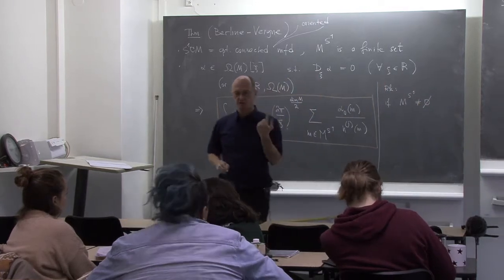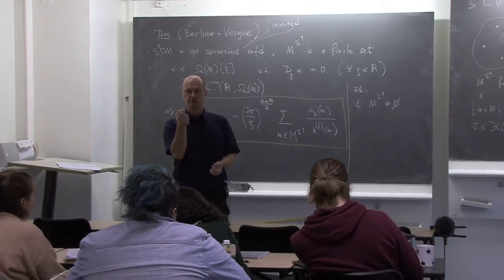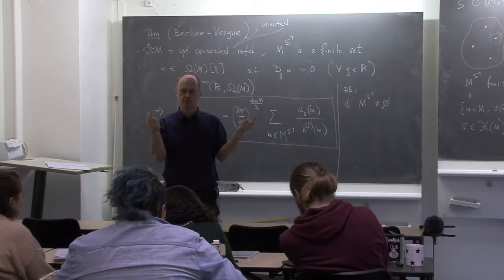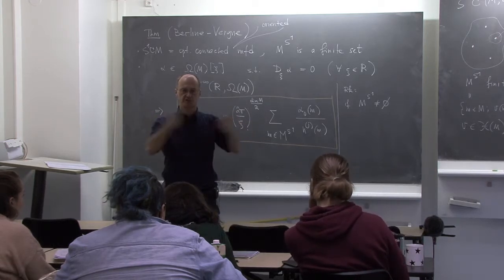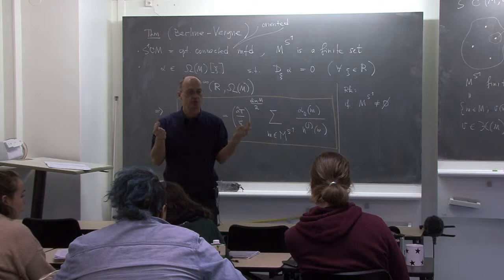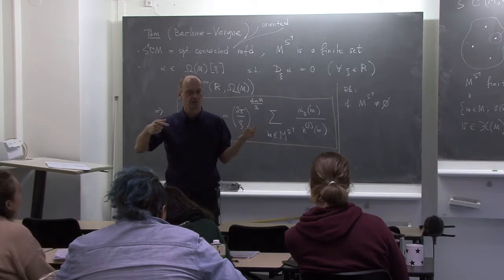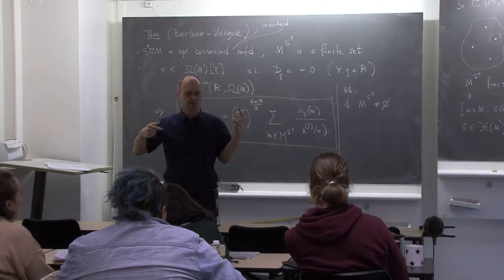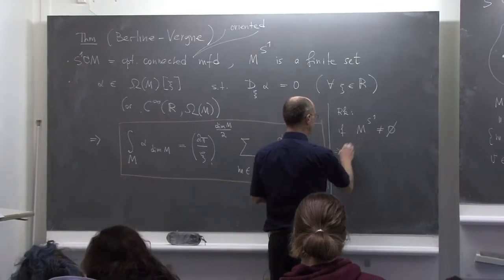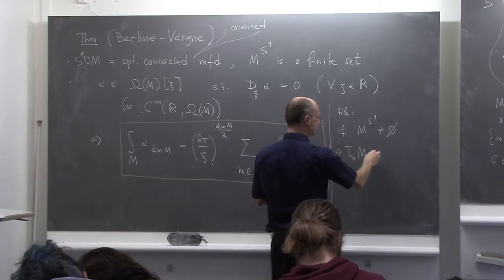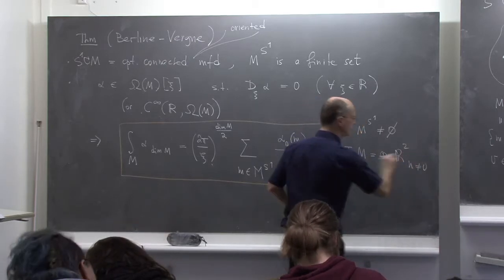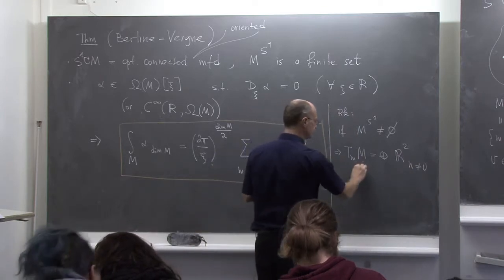If the fixed point set is non-empty, then at any of the fixed points we'll have this normal form: a sum of irreducible representations of the circle, and there are no trivial ones, because otherwise the fixed point set could not be finite. So the tangent space T_m M at a fixed point will be a sum of R^2s with some non-vanishing weights as an S1 representation.